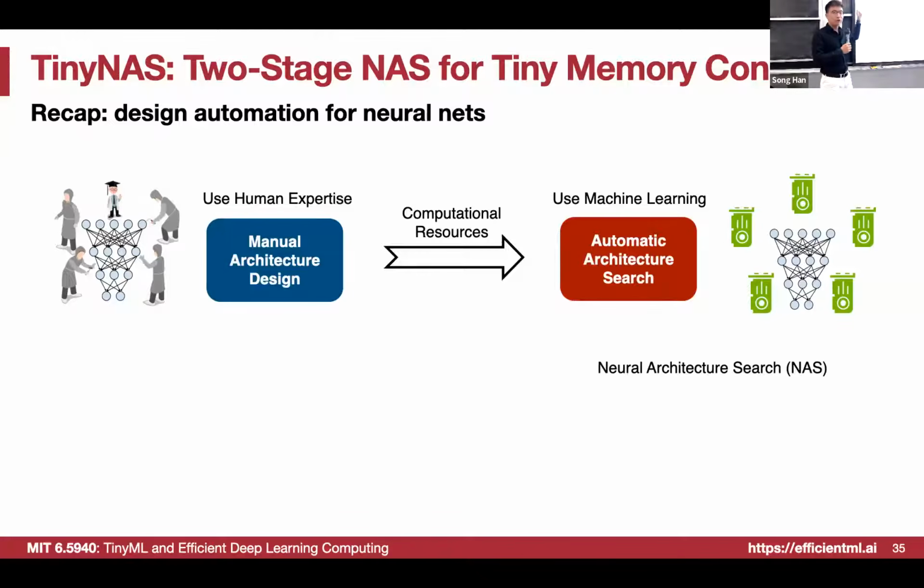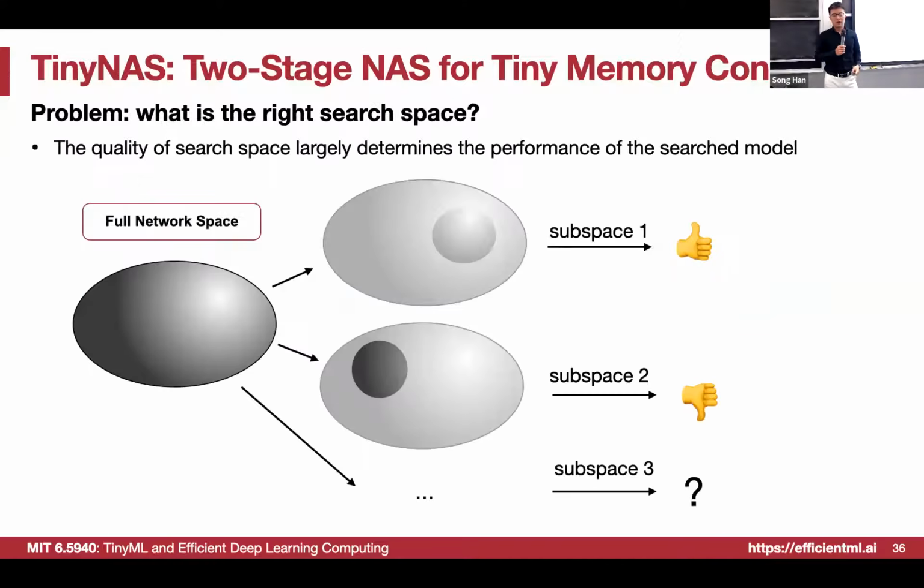A little bit of overview of neural architecture search. Rather than manually designing the model to fit particular hardware constraints, we want this automated methodology to use machines to design machine learning models. To begin with, the search space is very crucial for neural architecture search, like we mentioned in the last lecture, right?